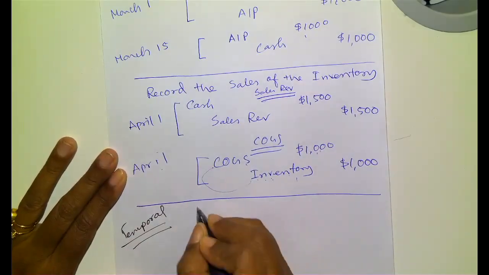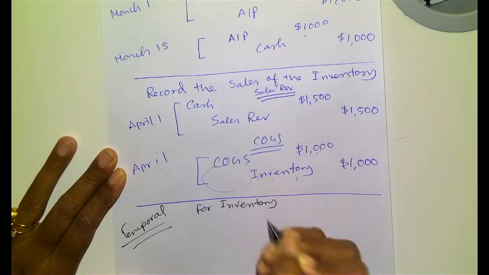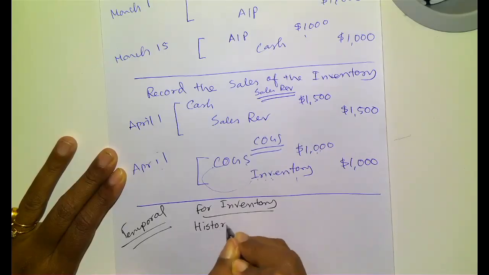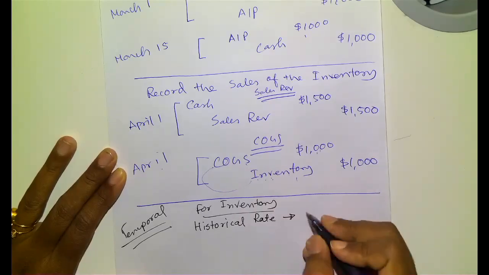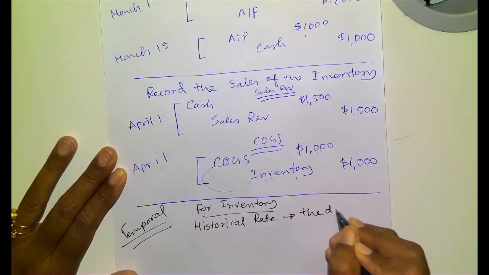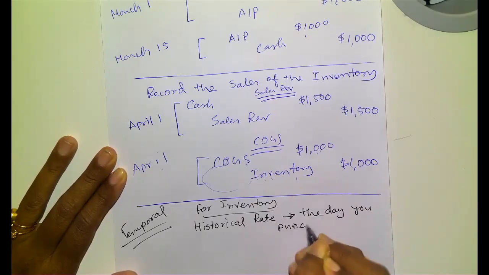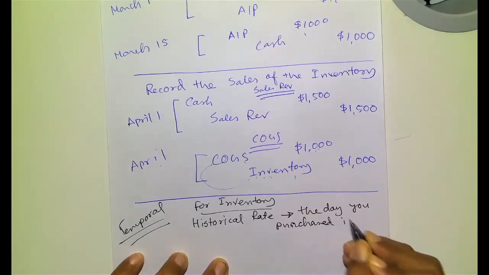Temporal method: for inventory, historical rate means the day you purchased it. Please write something, otherwise you forget you purchased it.